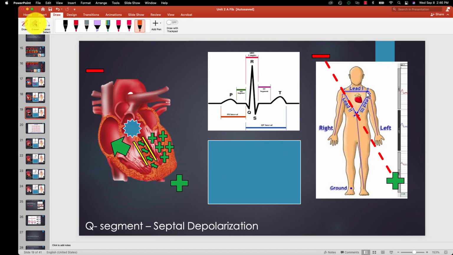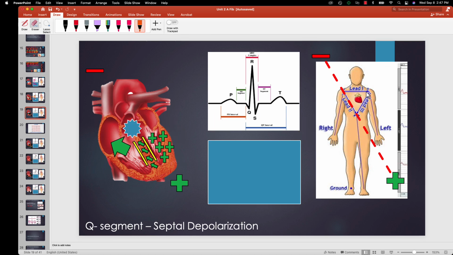All right, now the next location that this action potential is going to go. We were here, we were talking about there's a delay, and that delay is represented by the PR segment. And then we are going to talk about where this action potential is going to go next.